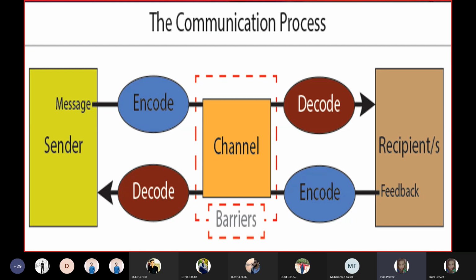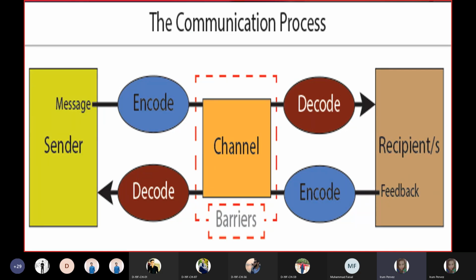Then the recipient, meaning the receiver, will provide the feedback. He may encode the message in a different way. Maybe the sender has encoded the message in verbal communication and the recipient encodes the message in non-verbal communication.